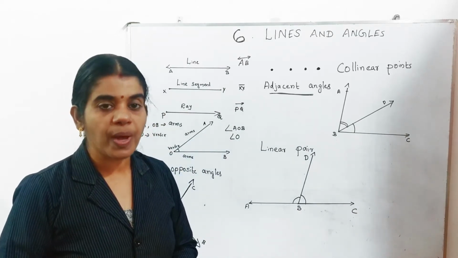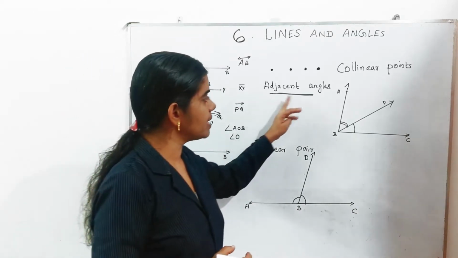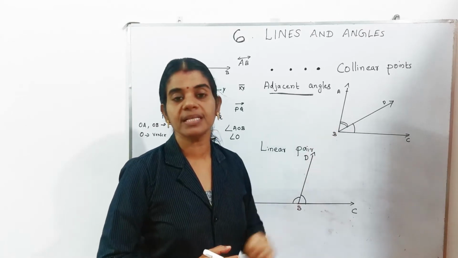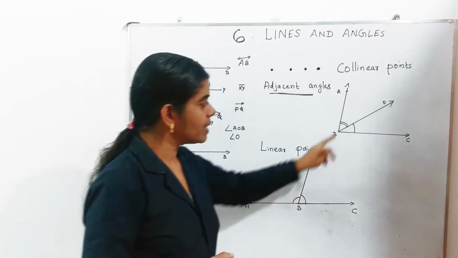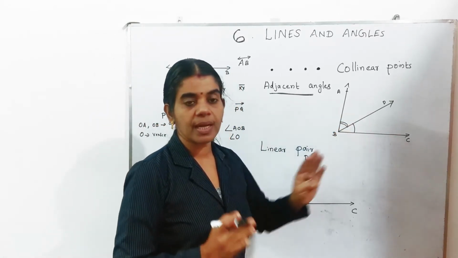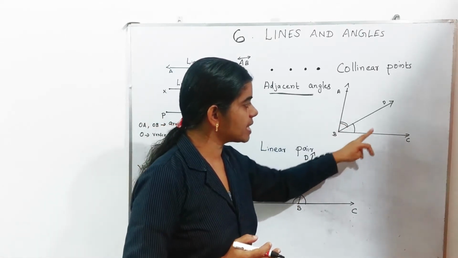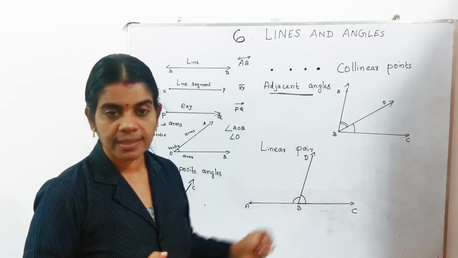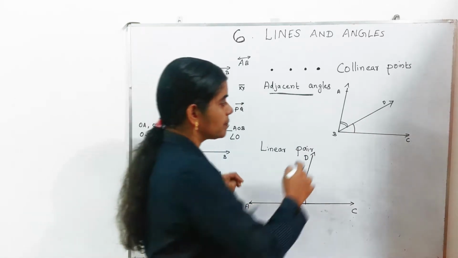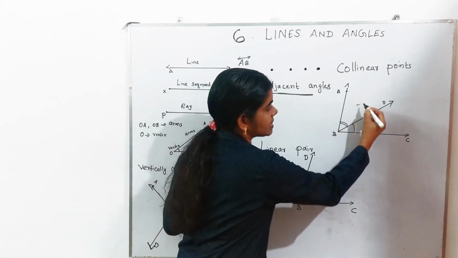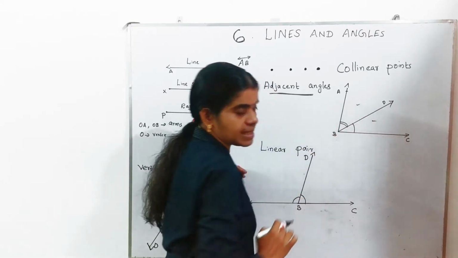For two angles to become adjacent angles, some conditions must be met. These two angles must have a common arm. Which are the arms here? BA, BC and BD are the arms of the angles.